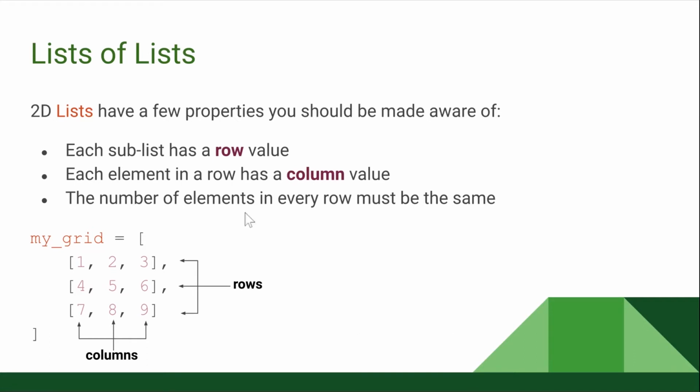Lastly, the number of elements in each row has to be the same. You can't have any one row be longer or shorter than another row. Otherwise, your grid loses its nice rectangular shape and becomes kind of misshapen and wrong. So we want to make sure all of our rows have the same number of elements. And we can access a single element within our 2D list by knowing its index in both the row and column.